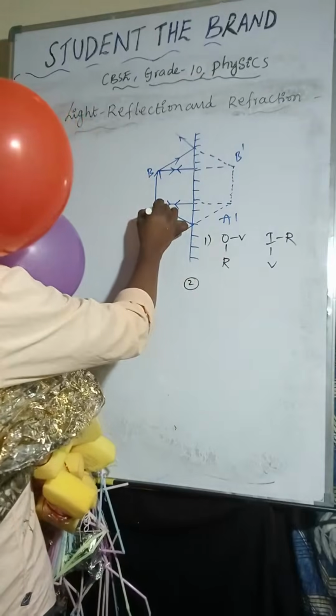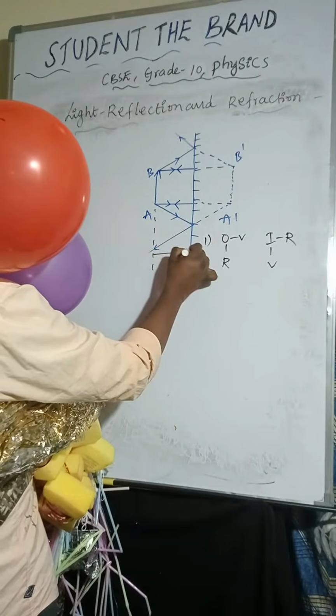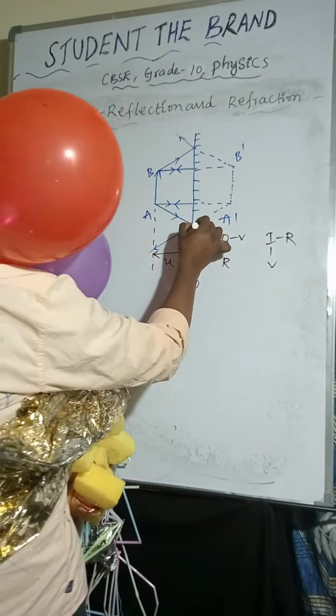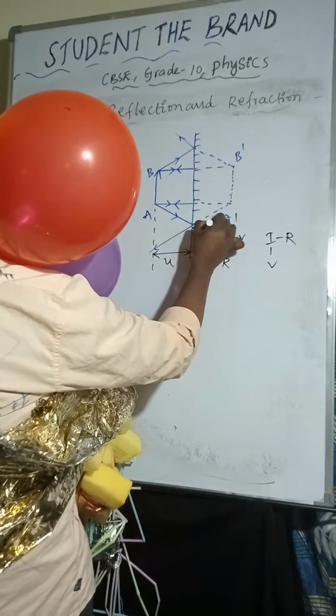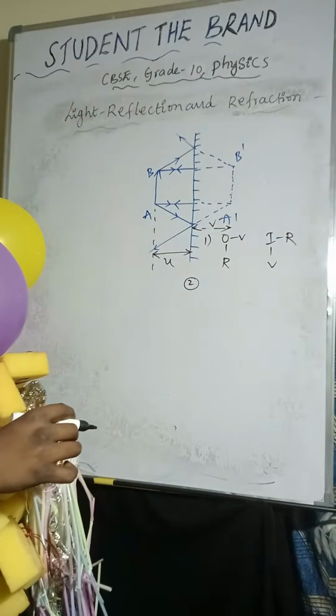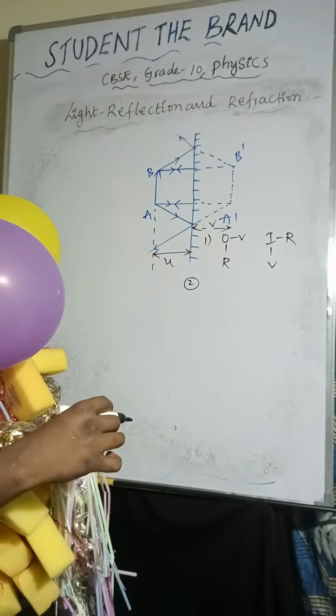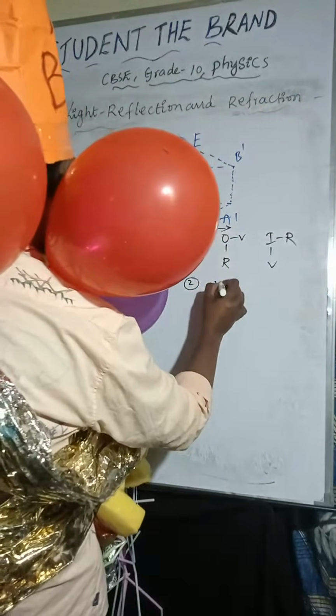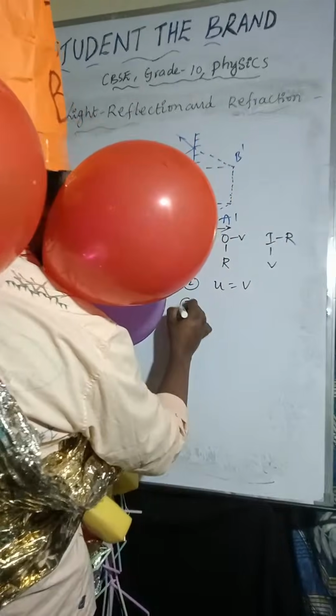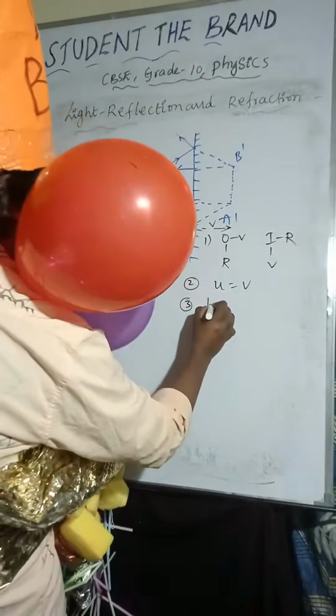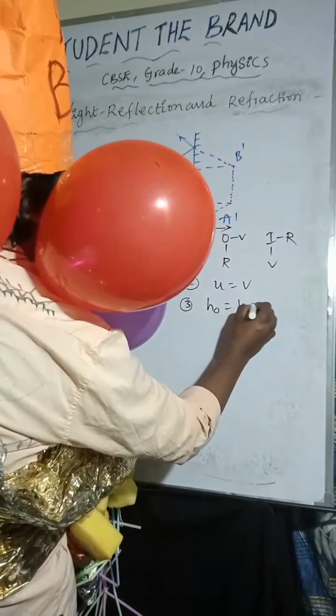Point number 2, the distance between object and mirror is called object distance. The distance between mirror and image is called image distance. So object distance is equal to image distance. And third one is height of the object is equal to height of the image.